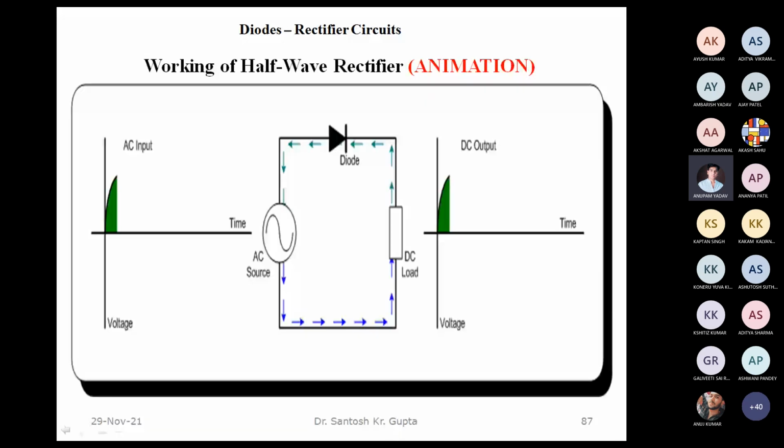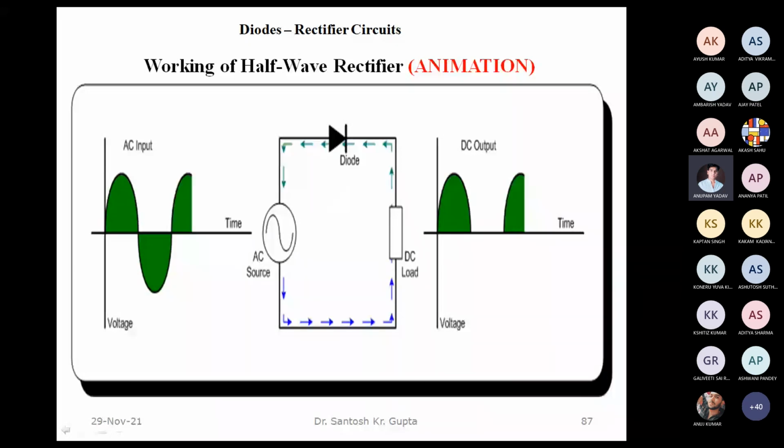Okay, just an animation we can see here of what happens in the positive half and what happens in the negative half. In the positive half, the current is flowing, whereas in the negative half, there is no current flowing.